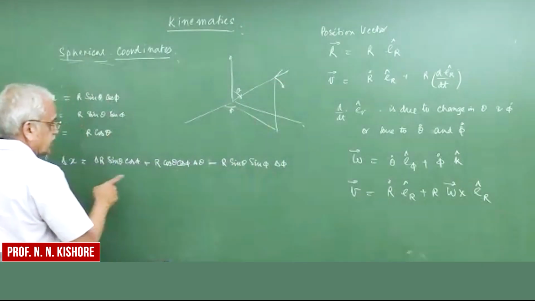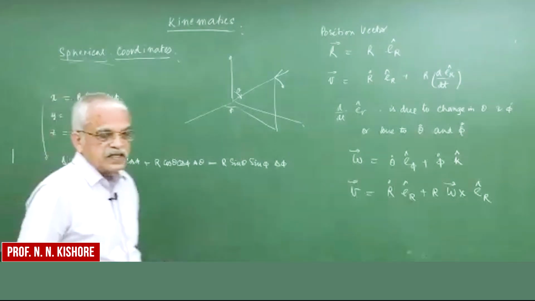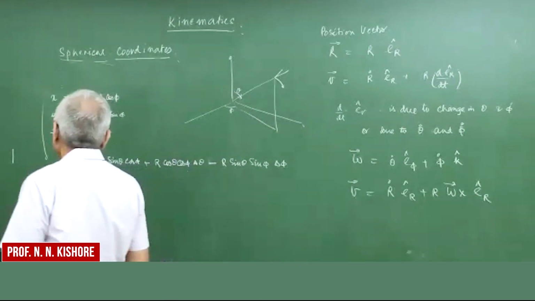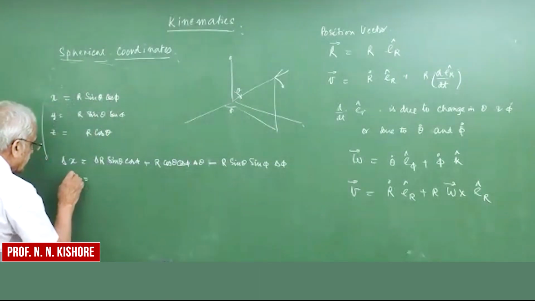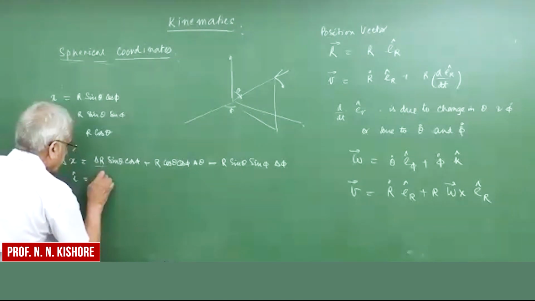Interestingly, this delta x is a representation of i, a small change in x, and delta r is a representation of e r.